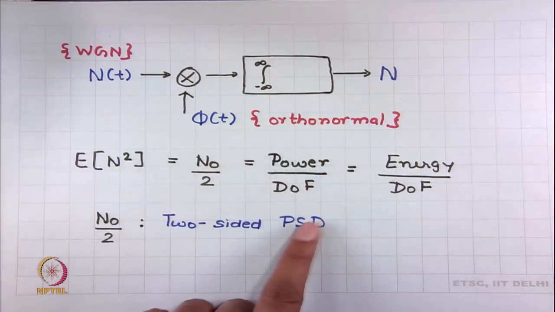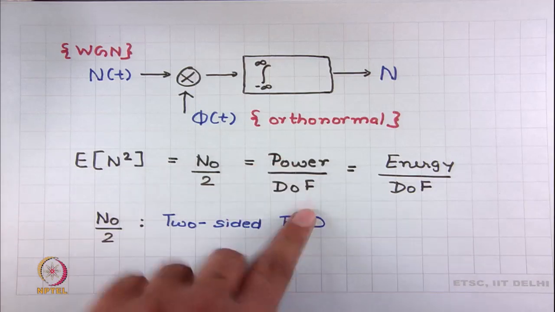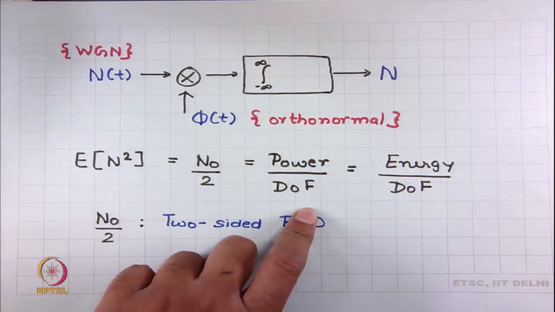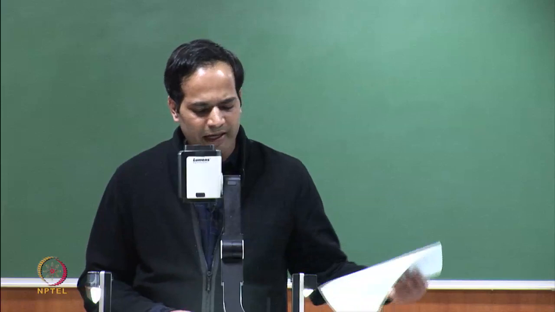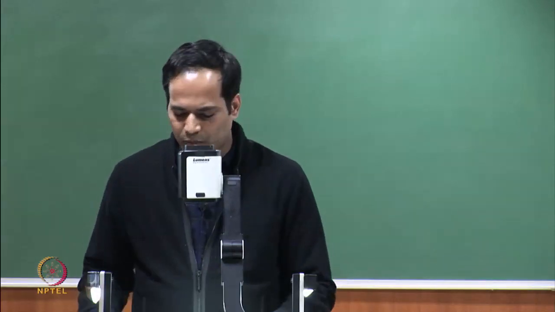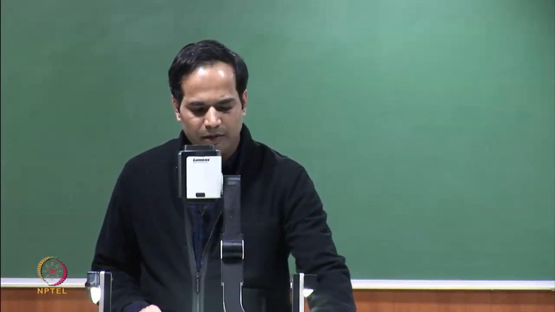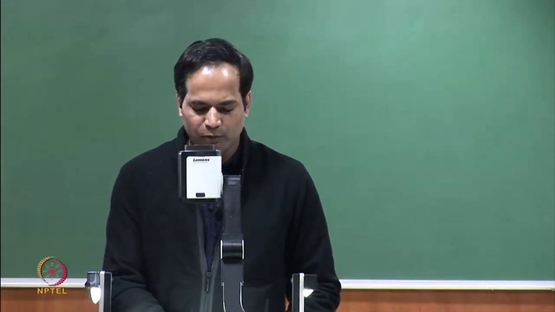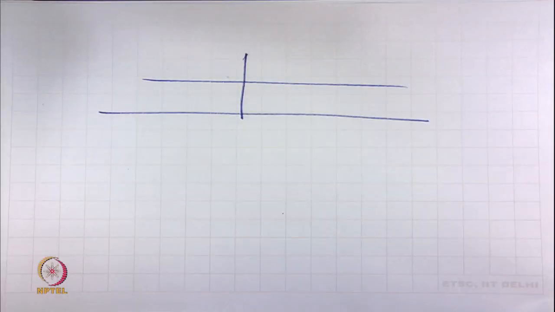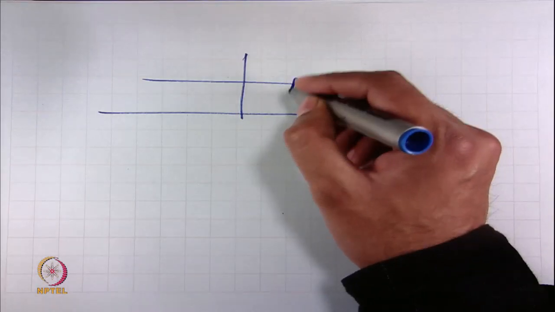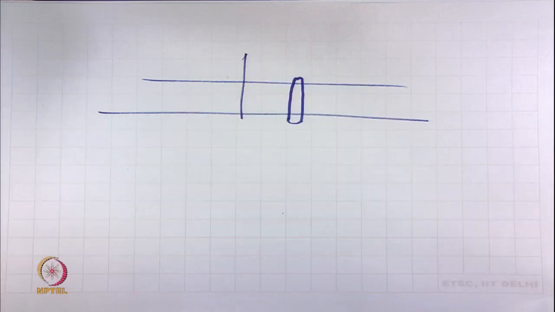That means the power per degree of freedom of noise is N0 by 2, or you can say the energy per degree of freedom of noise is N0 by 2. Let me draw a diagram and maybe it will become more clear. If I have a white Gaussian noise, what is its power spectral density? It is constant. Now, from this power spectral density, you are taking a chunk of this power out.